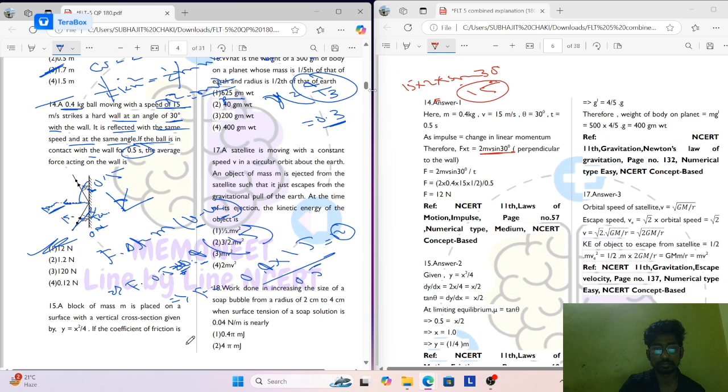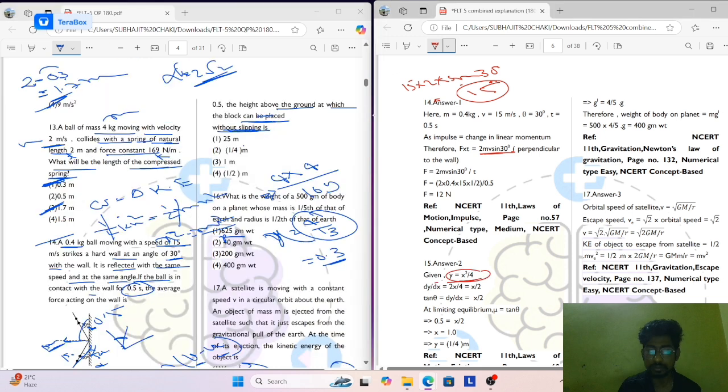From this you can calculate dy by dx, that is equal to 2x by 4, means x by 2. So tan theta, the slope, will be equal to x by 2, and we already know for the limiting friction equation that mu equals tan theta. So tan theta equals x by 2 and mu is 0.5. So 0.5 equals x by 2, so x will be equal to 1.